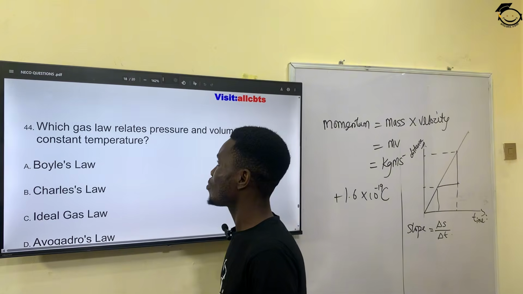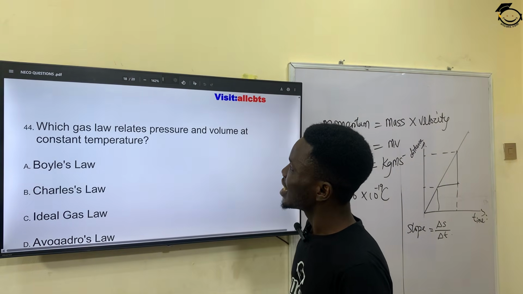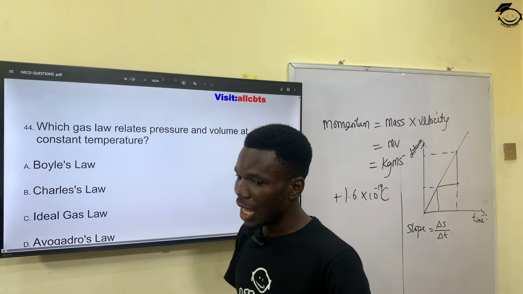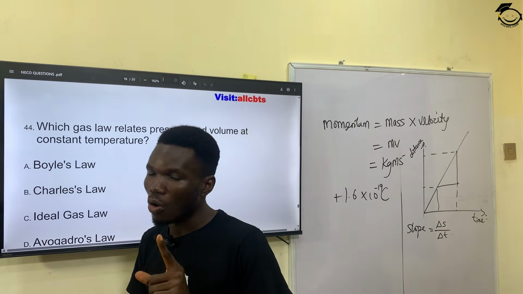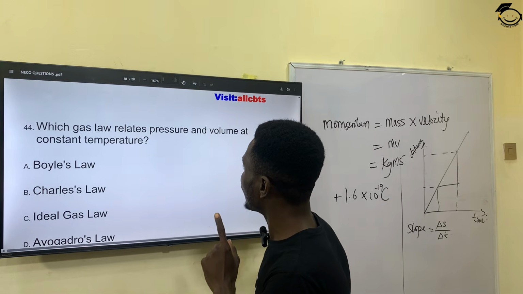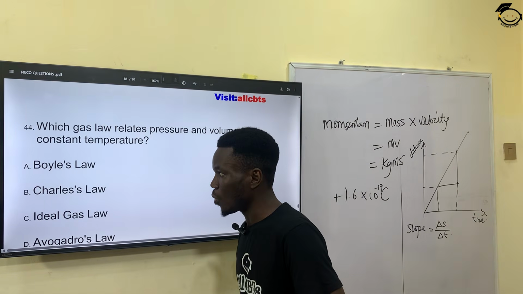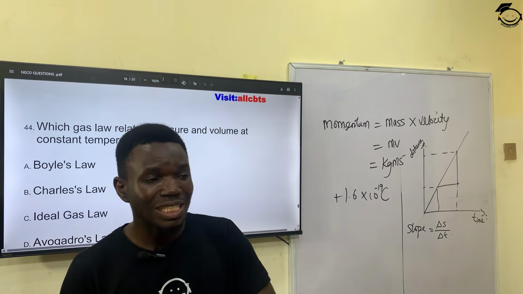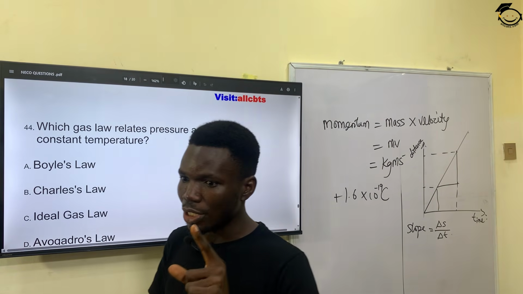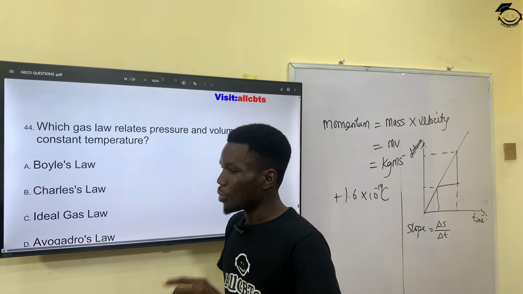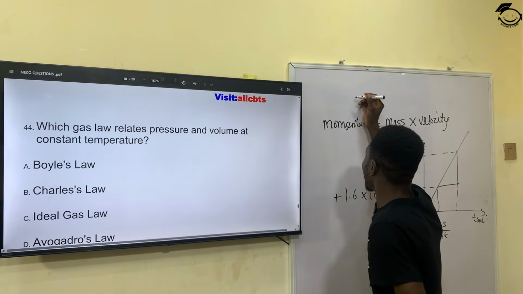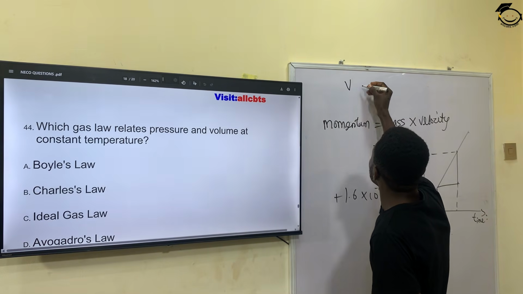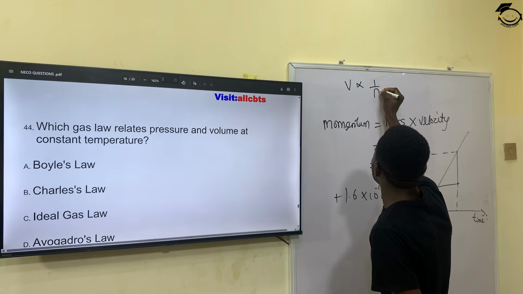So that takes us to question number 44, which says, which gas law relates pressure and volume at constant temperature? The gas law that relates pressure and volume at constant temperature is Boyle's law. In Boyle's law, V is inversely proportional to the pressure.